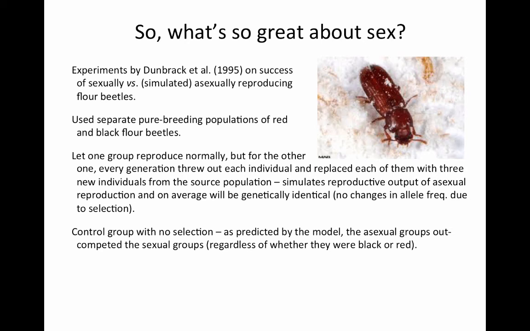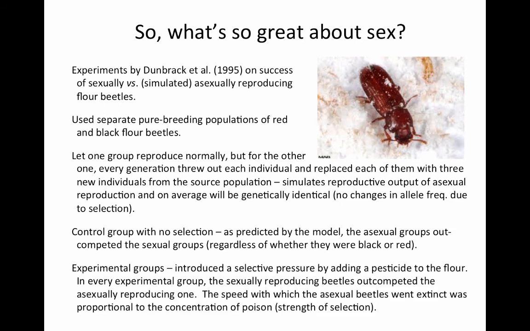But when we introduce some natural selection into the model, they introduced a selective pressure by adding a pesticide to the flour, a sublethal dose, but not very good for the beetles. In every experimental group, the sexually reproducing beetles outcompeted the asexually reproducing ones.